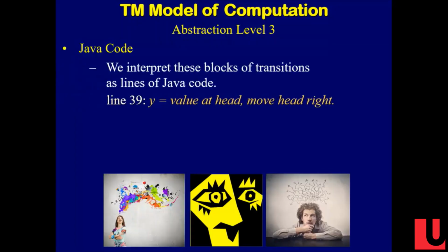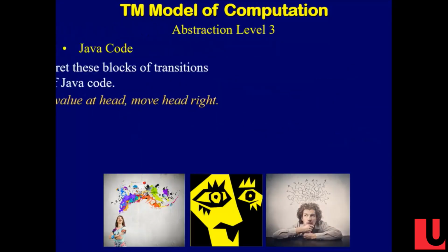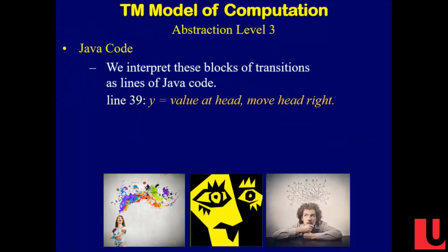We're going to say, hey, look, I was in line 39, I went over to line 40. And everything I said here, I went from line 39 to line 40. So what's happening in line 39? Well, I'm taking the value that's in the tape, and I'm reading it into my machine, and I'm storing it in my value y.